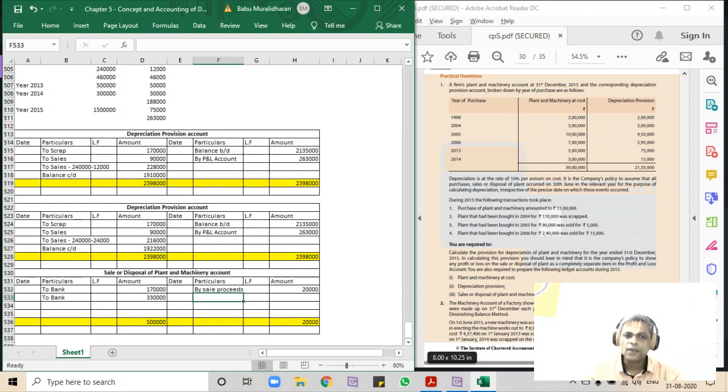Total sale value is 20,000, and by depreciation, the total depreciation including provision for depreciation on this asset is 4,76,000. Then the balance will be loss on sale of assets equal to 4,000.